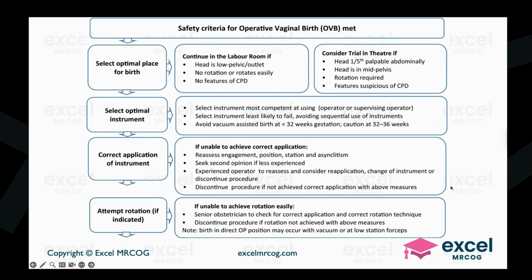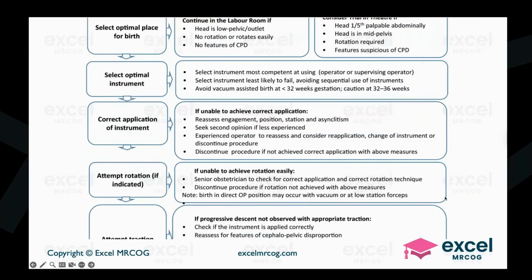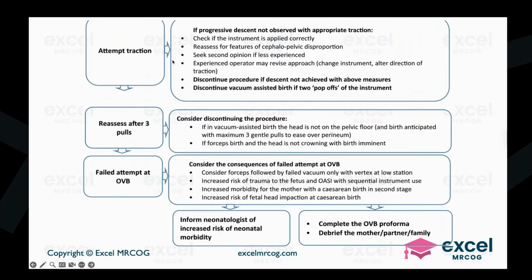If you're unable to achieve any rotation in case of rotational, call senior, discontinue if rotation is not being achieved with correct application or with the pull. Now note here, attempt traction. This is where your question usually starts.